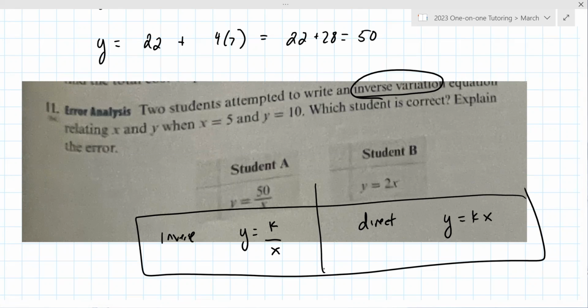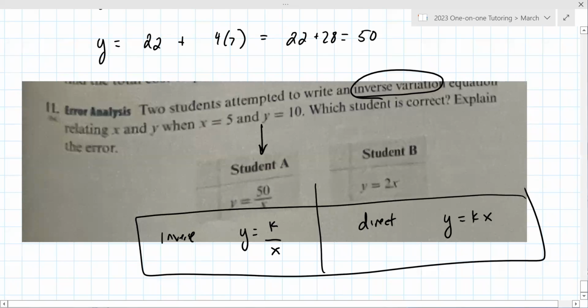These are definitions, things you have to know before you can even try to do this problem. It's just asking you which one is inverse, and it's the one on the left, because the variable's on the bottom. On the right, the variable is normal, we'll say.